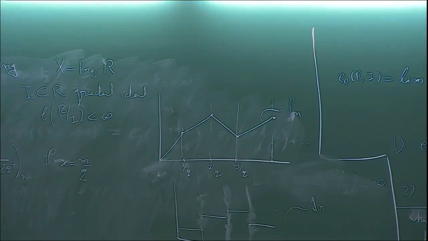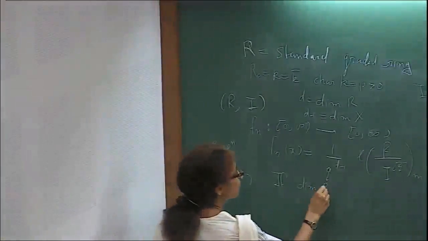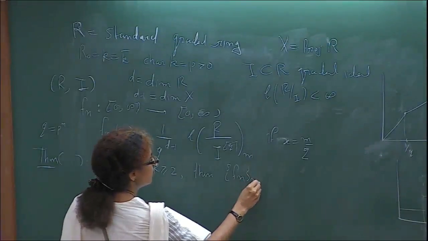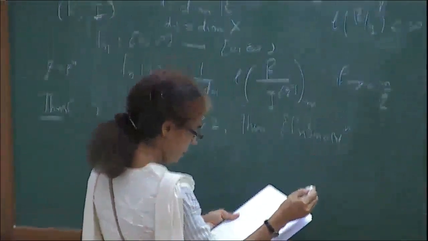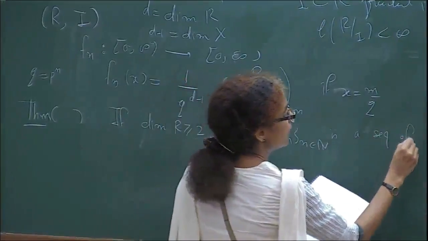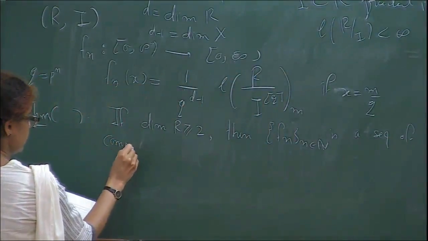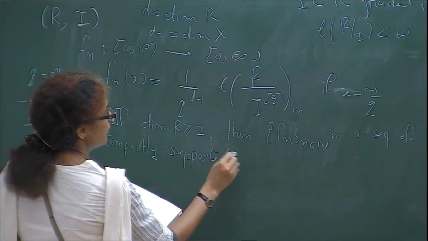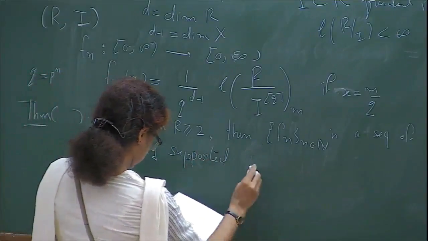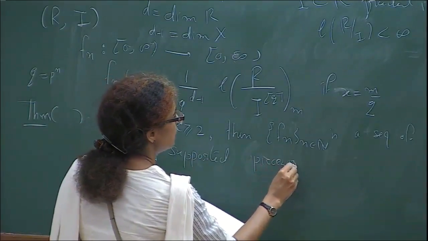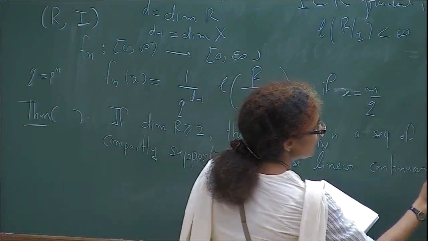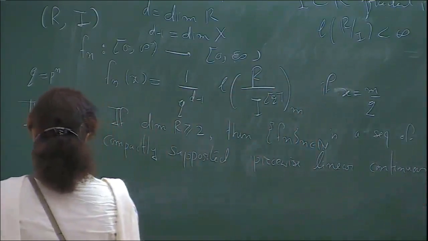So now, the theorem is this. It says if the dimension of R is greater than or equal to 2, then Fn, n belonging to N, is a sequence of compactly supported piecewise linear continuous functions.